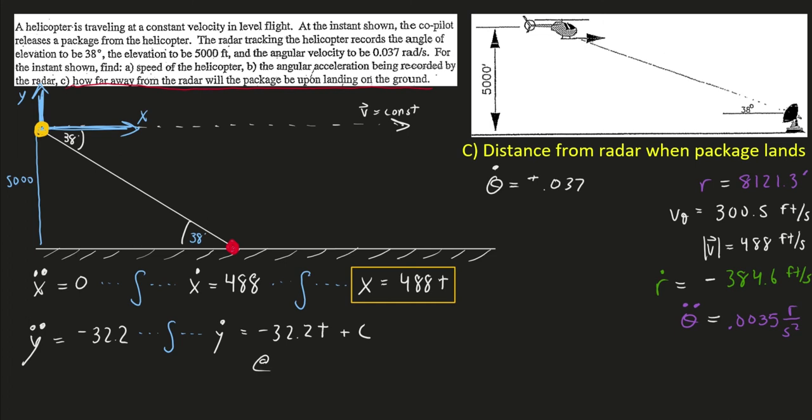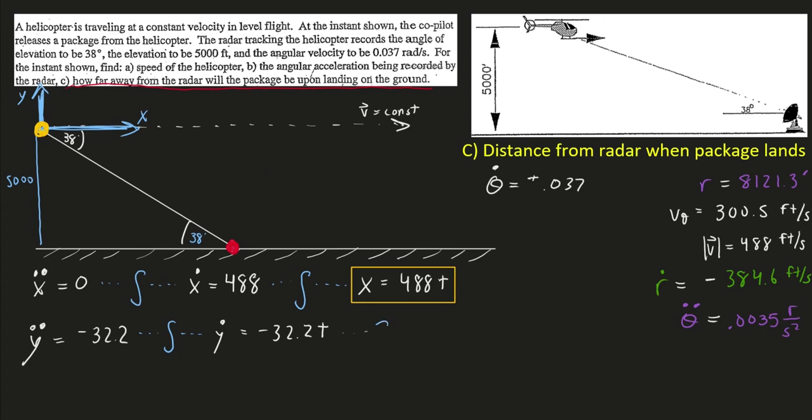At time equal to 0, what is our y velocity? Well, at this instant, if we really zoom in, my package is only traveling in the x direction. There's no change in y, which means there is no y velocity. So my c constant here will be 0.